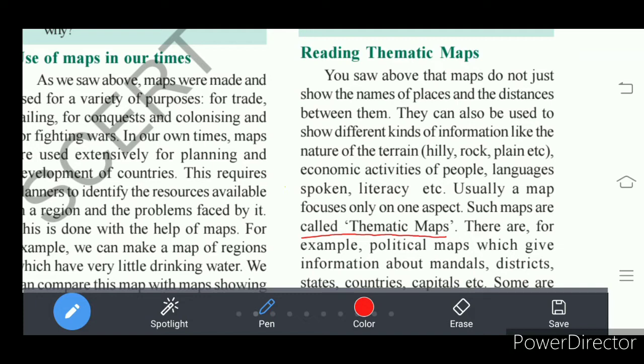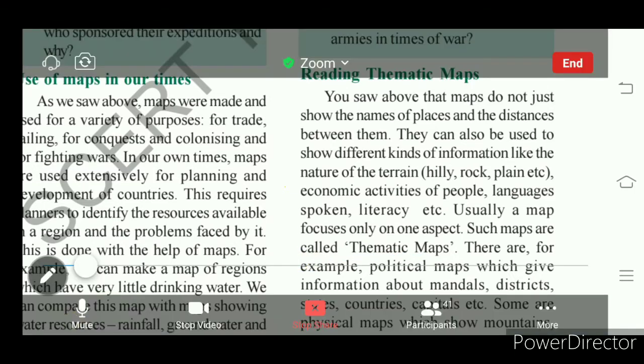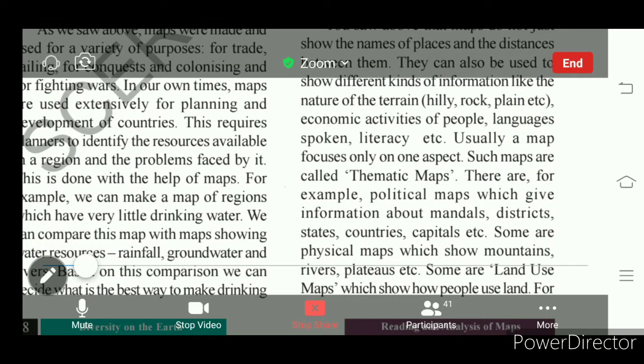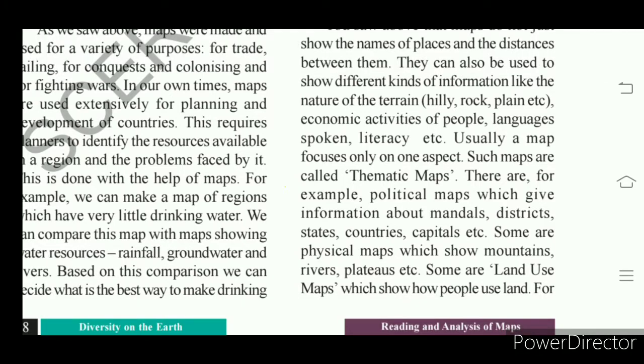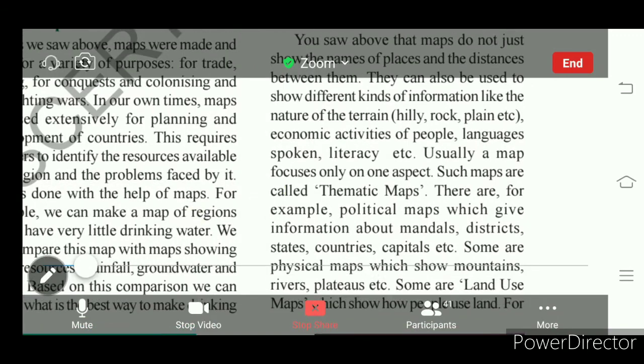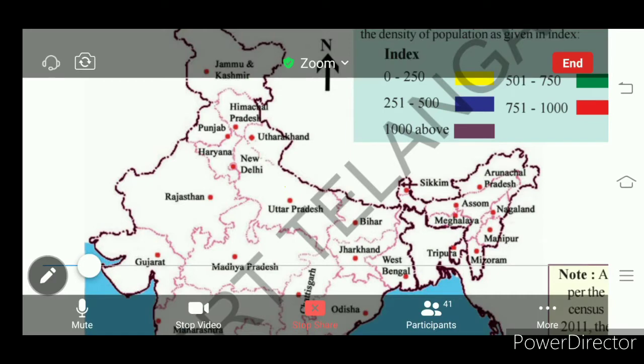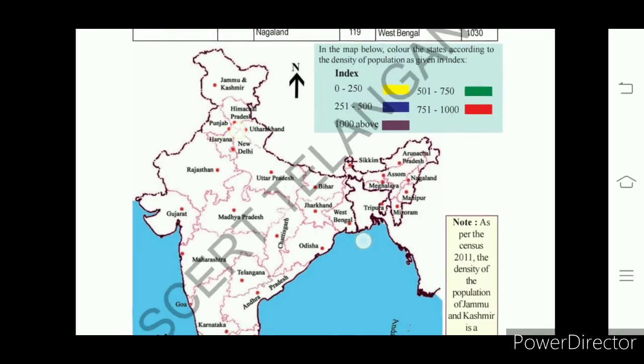When you look at a political map, you will find only one information, that is information about mandals, districts, states. If you take a political map of India, there we find only states and their boundaries. Look at here.